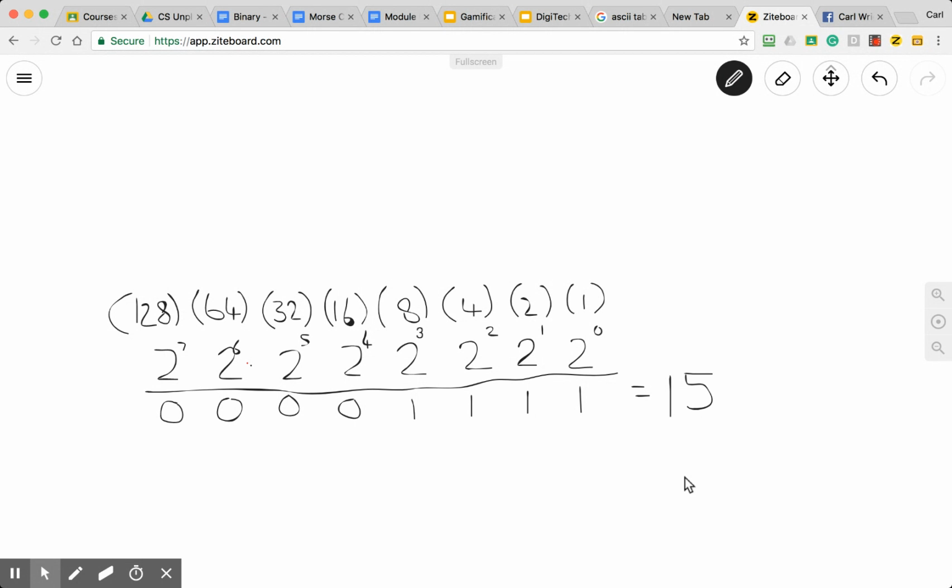Now you might notice a pattern here. Interestingly enough, if all these are 1, the very next number here, 2 to the power of 4, or this one here, is equivalent to the number 16. At the moment this is 1, 1, 1, 1, it's 15.